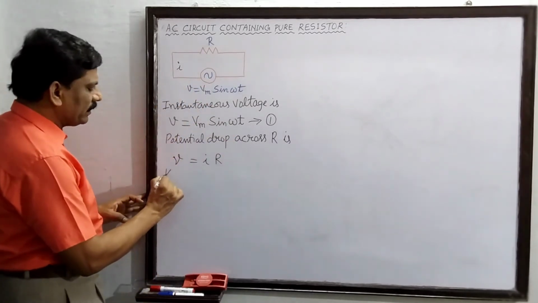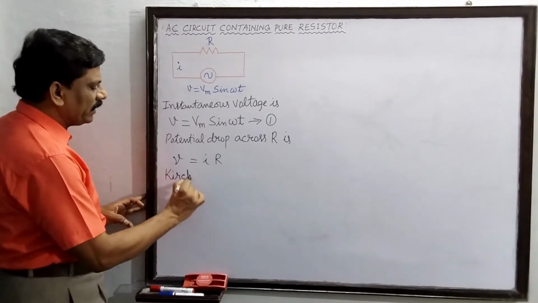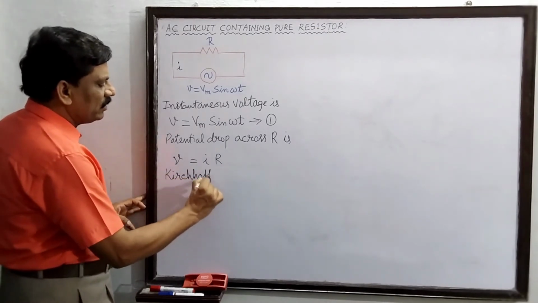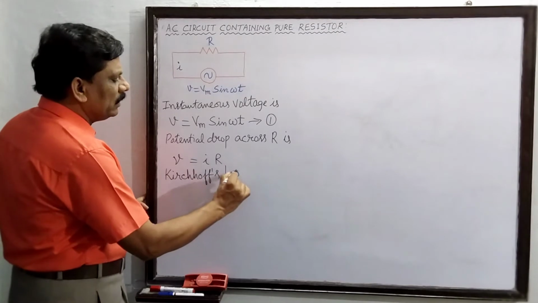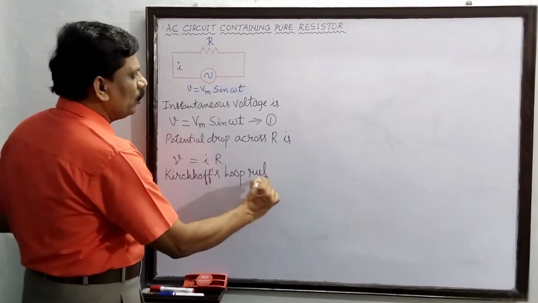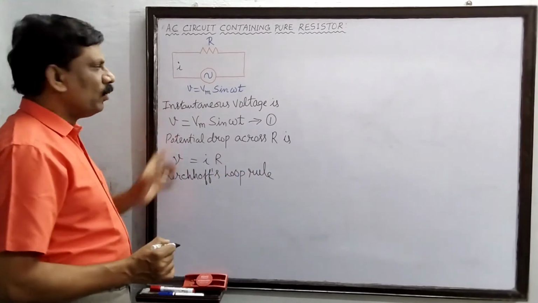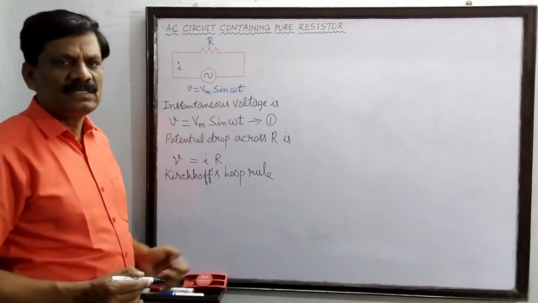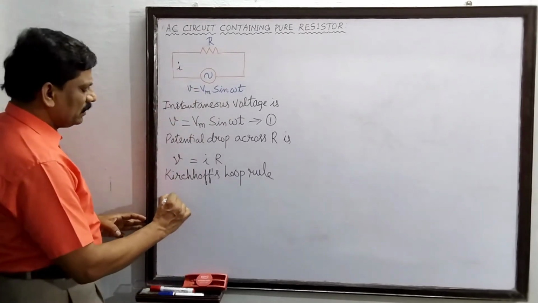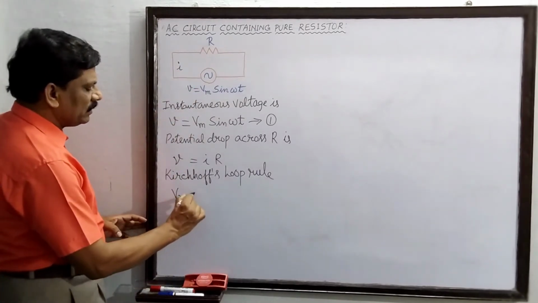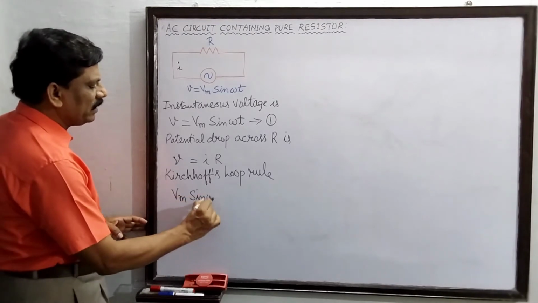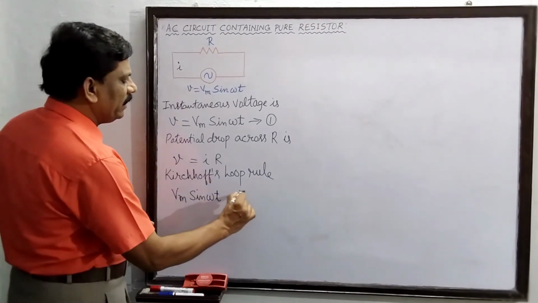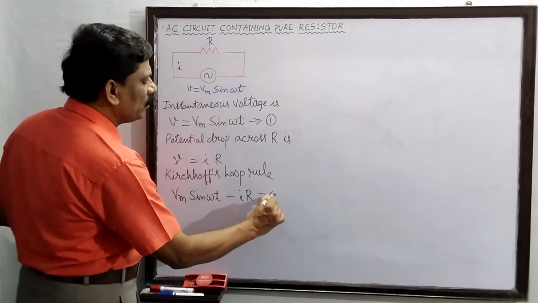Therefore, by applying Kirchhoff's loop rule, the net voltage in the circuit is equal to 0. Therefore Vm sine omega t minus iR must be equal to 0.